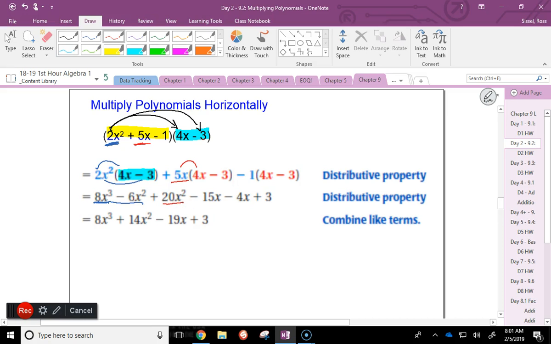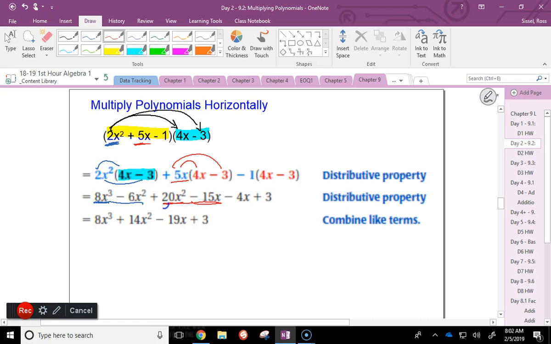Multiply your coefficients. 5 times 4 is 20. X times x is x squared. 5x times negative 3. 5 times negative 3 is negative 15. And we had the x, so negative 15x.